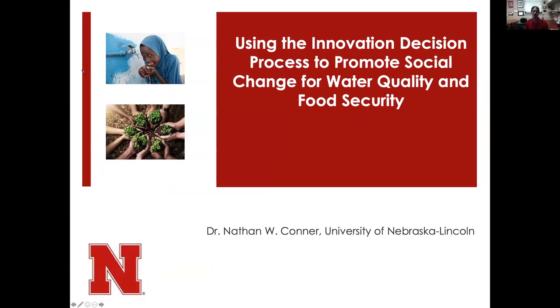I'm going to go ahead and share my screen with you today. The title of our topic is using the innovation decision process to promote social change for water quality and food security.